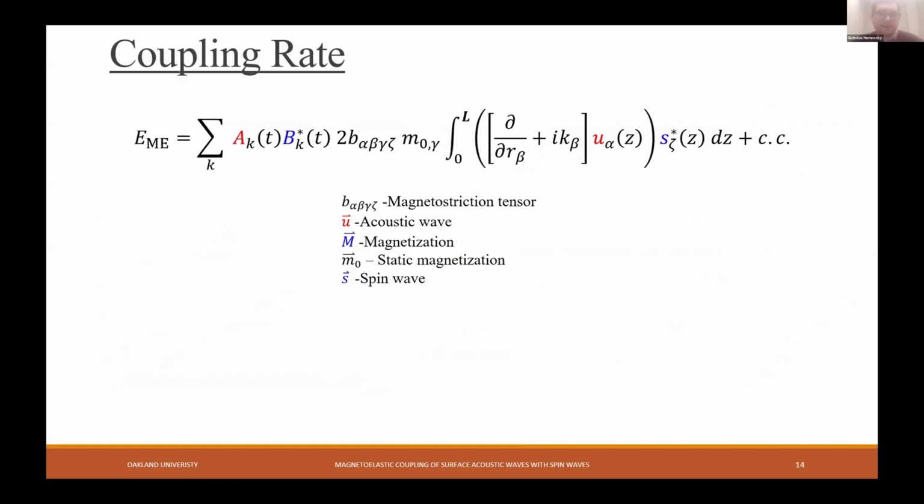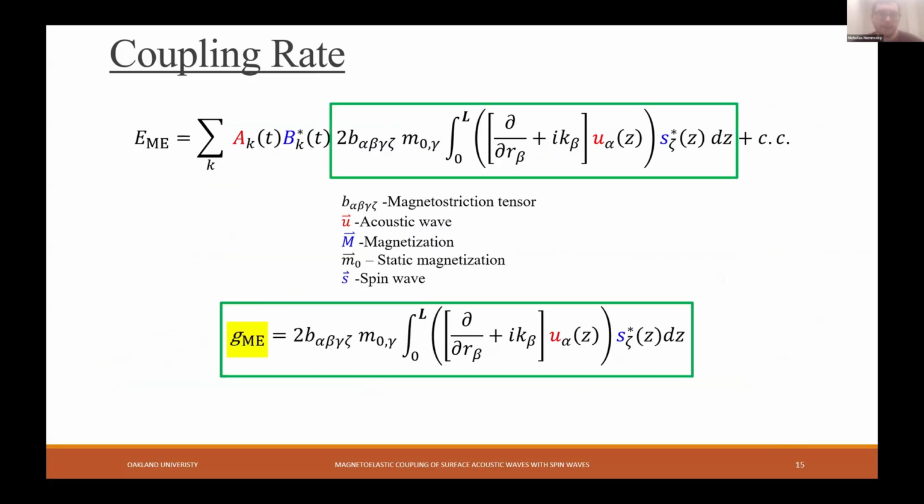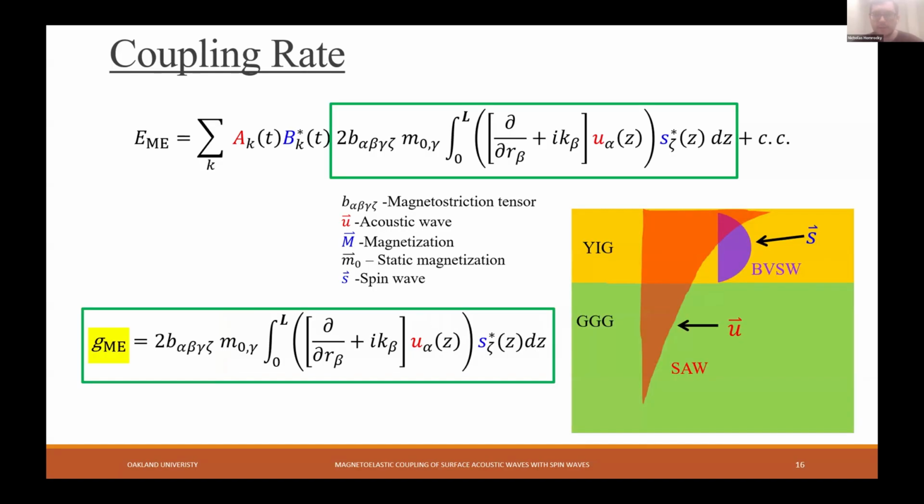Here we have this long expression for energy, and this integral, more or less constant, is the coupling rate. We have a magnetostriction tensor, magnetic moment, profile of the acoustic wave and profile of the spin wave, which is what the integral is dependent on. So it's the overlap of these profiles that gives us our coupling rate.